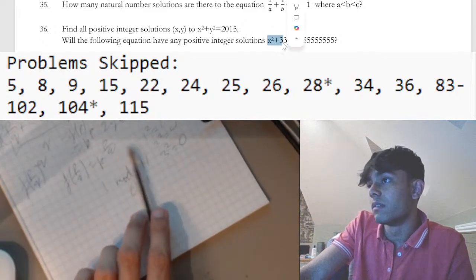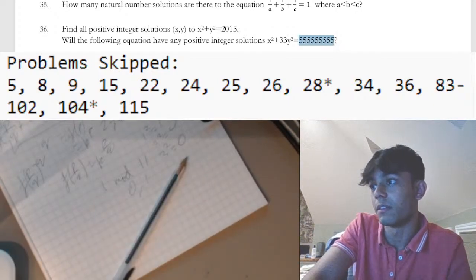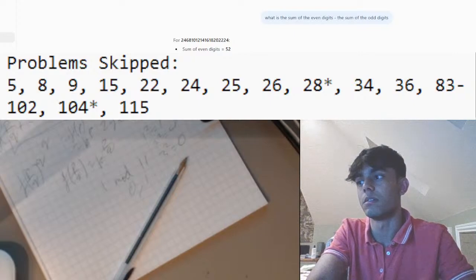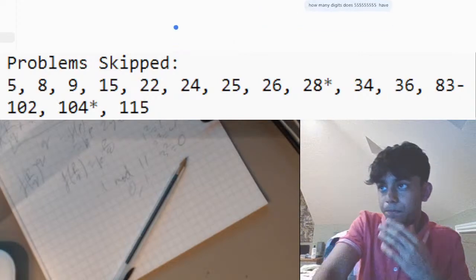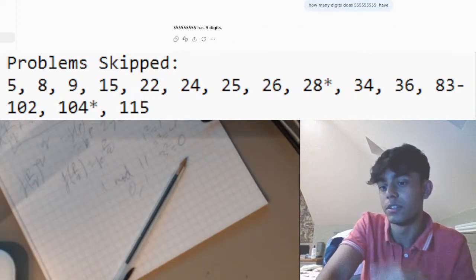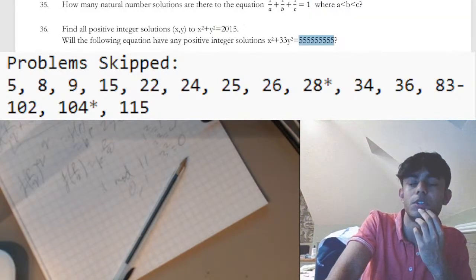Okay, will this have any, oh, again, some random number. How many digits does this have? It has 9 digits, so the digit sum is 45, so it's a multiple of 9.